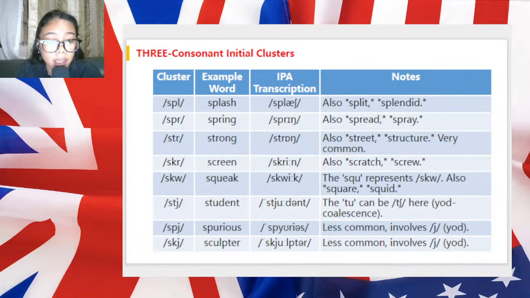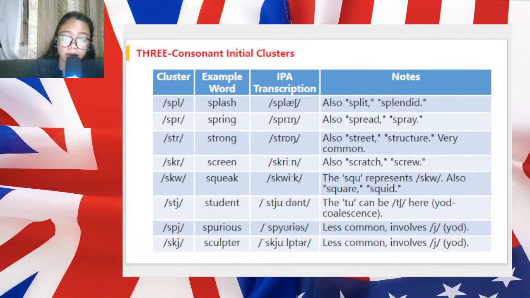S then K, which here is unaspirated, followed by the Y sound: sculptor. So it's about that smooth transition from the K sound at the back to the beginning of a word. Okay, that is SKJ.